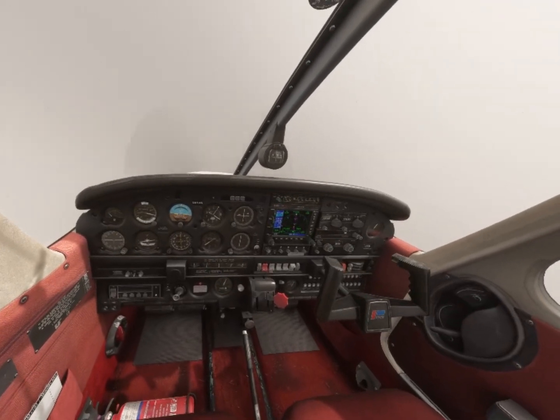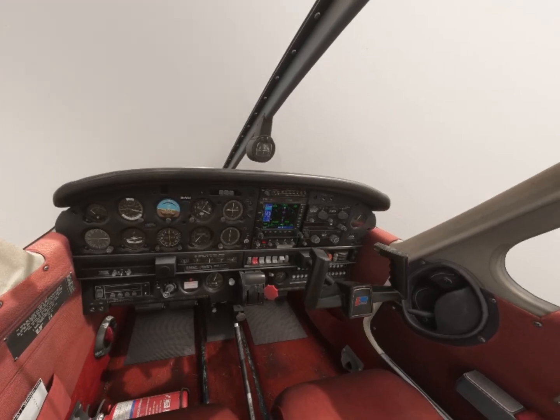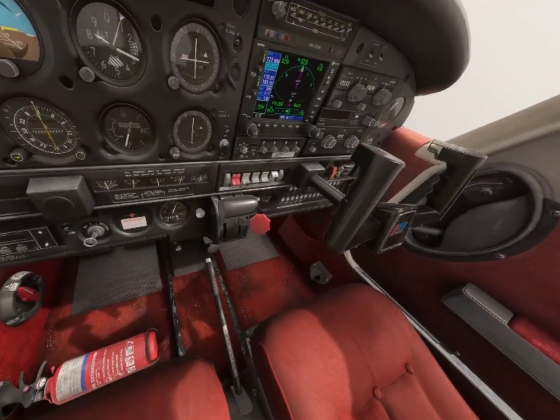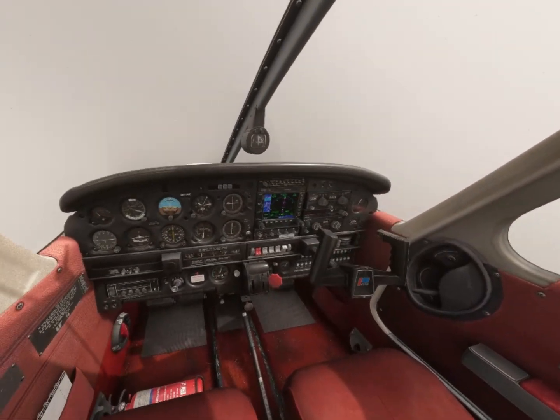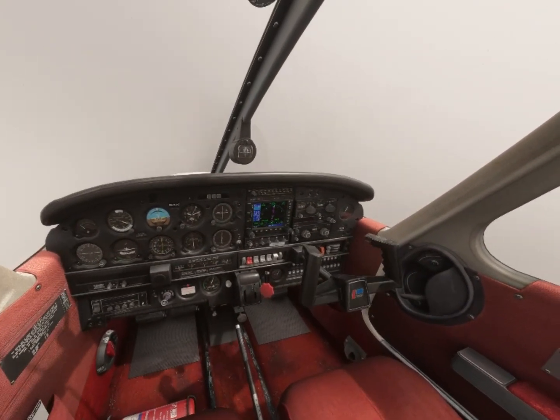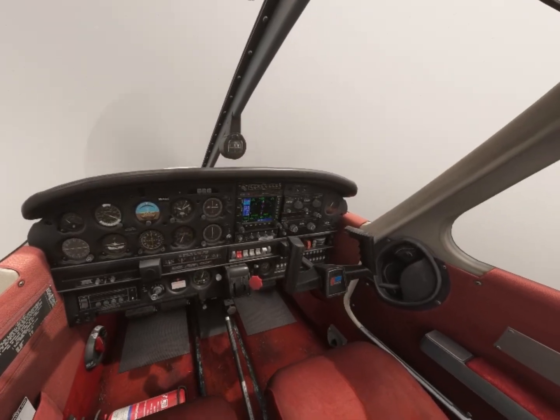Airspeed good. Turn coordinator good. Gauge is green. Left tank selected. Right tank and left tank equal. Descent rate.